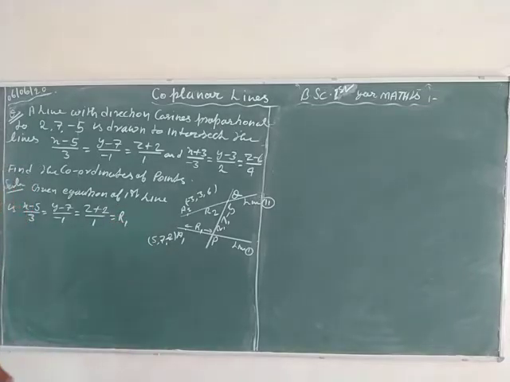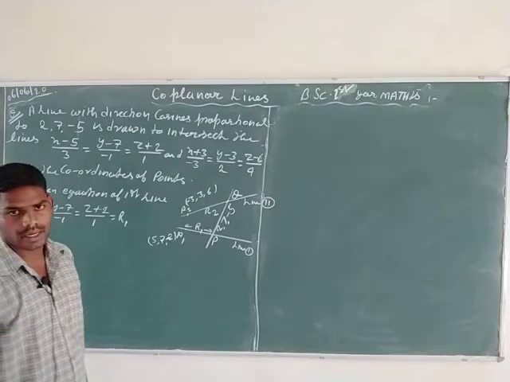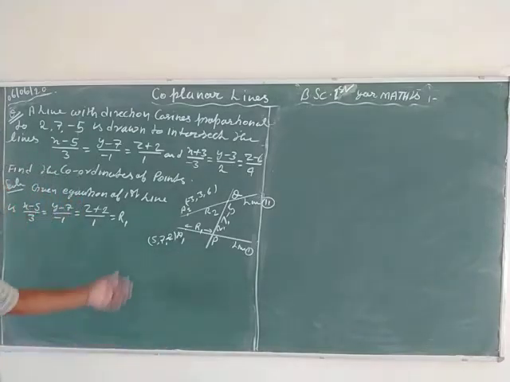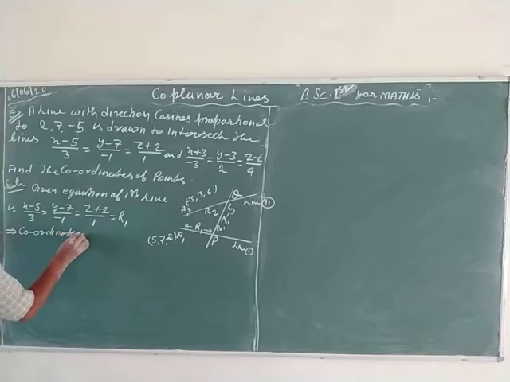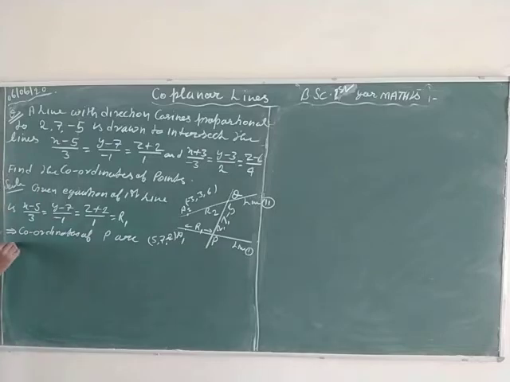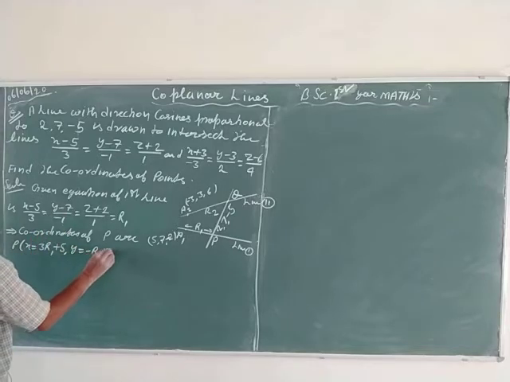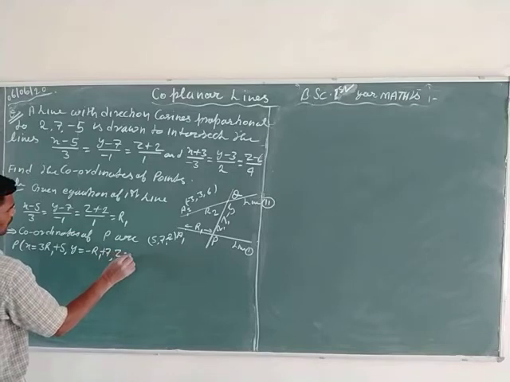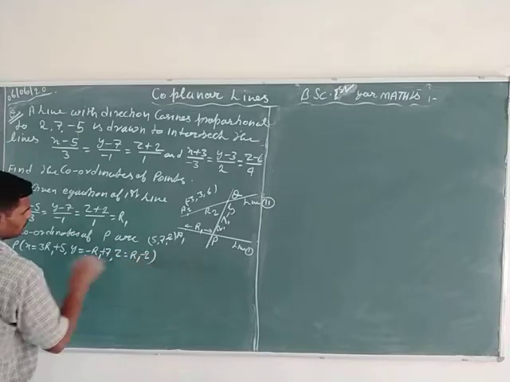Here, from the figure, R1 is the distance between A1 and the intersecting point P. So, the coordinates of the intersecting point capital P are x = 3R1 + 5, y = minus R1 + 7, and z = R1 minus 2.